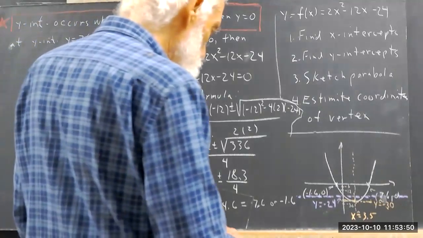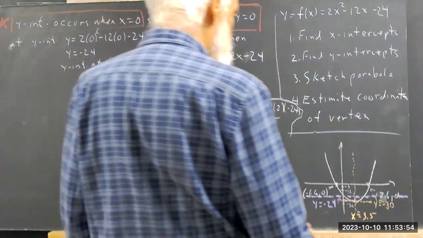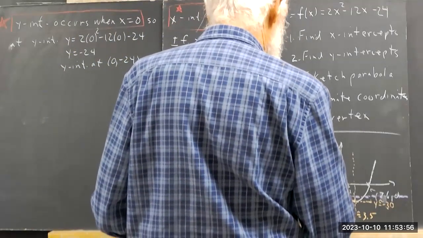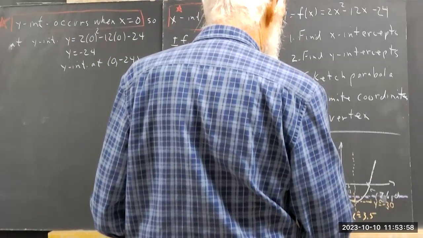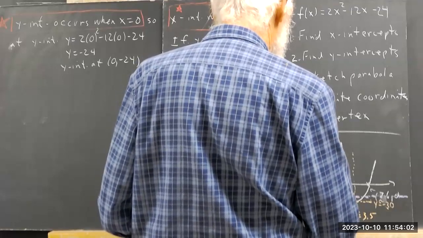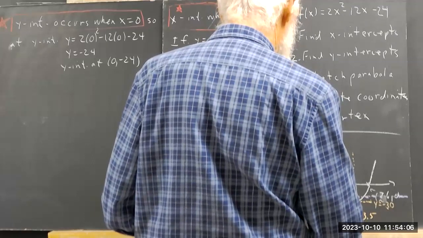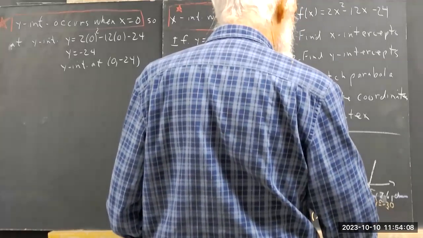Okay, so my estimate of the vertex is that it's at the point 3.5, -30.